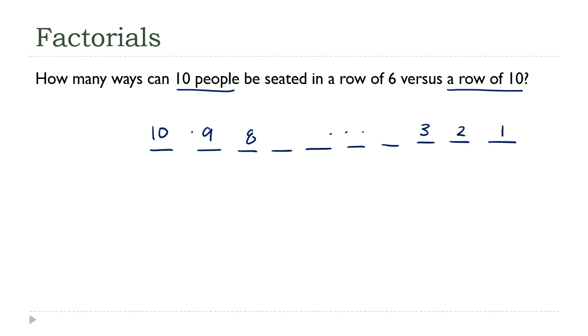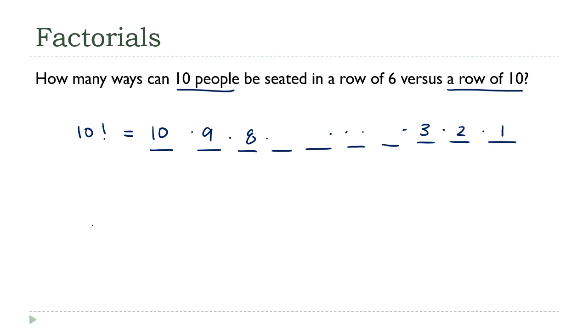And what do we do? We multiply all these numbers together. So the result here would be 10 times 9 times 8 times 7 times 6. That gets really old really fast, especially when the number of objects that we're dealing with starts to get big. So we have this factorial notation, right, which is a way of shortcutting this. So instead of 10 times 9 and so on, I would just write this as 10 factorial. And that's what the exclamation mark means.